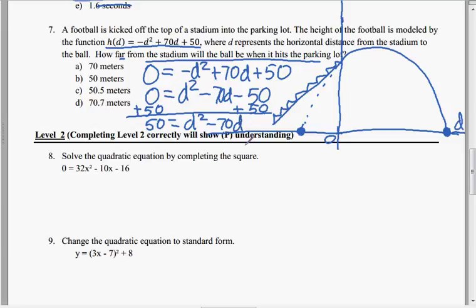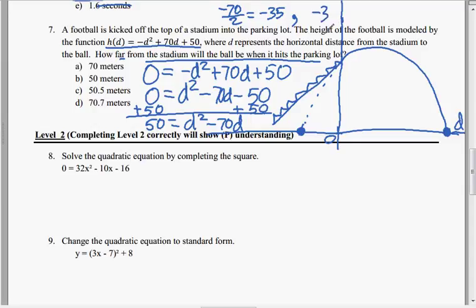I don't want that d to look like an exponent. And I go off somewhere else, and I take my negative 70 divided by 2, I get negative 35. I know when I complete the square, I'm going to have d minus 35. But in order to get that, I have to add 35 squared, actually negative 35 squared.